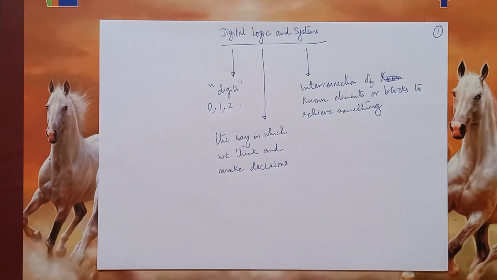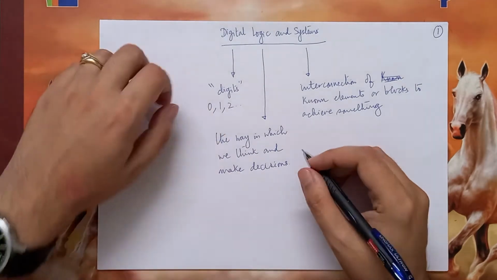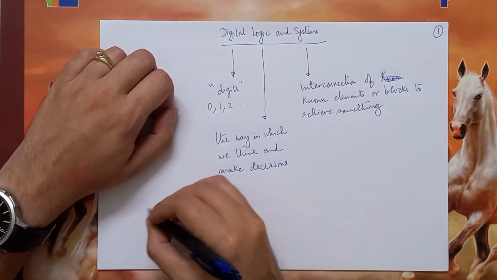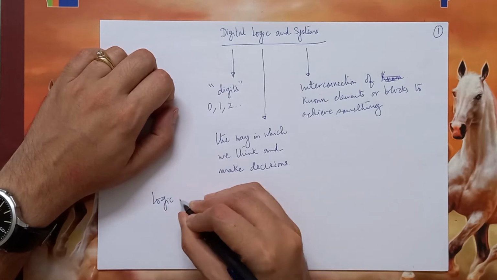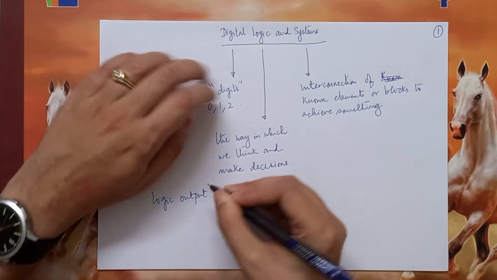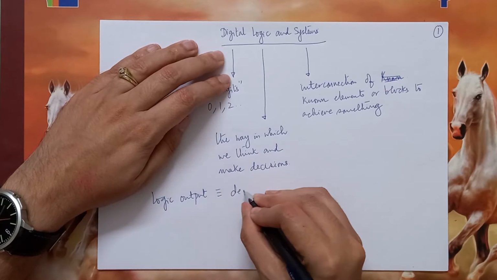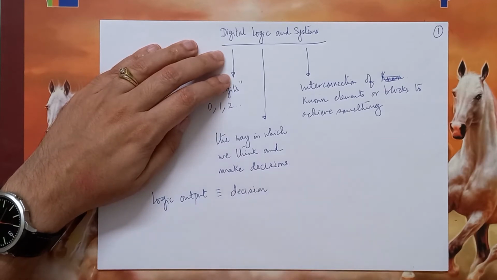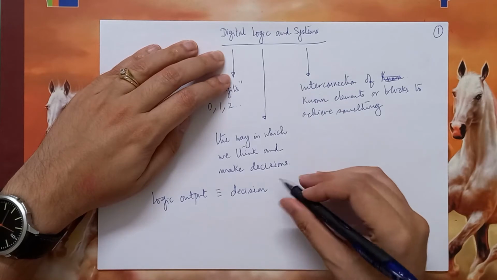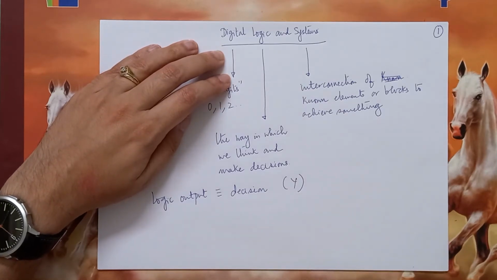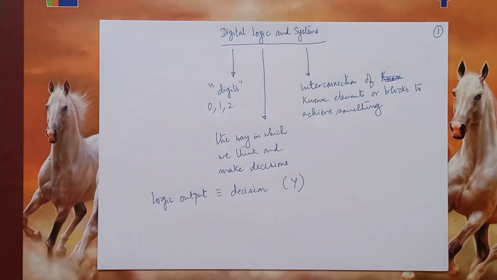So let us say the logic output is essentially a decision. Let's call this decision some variable y. Traditionally, y has been associated as a letter for denoting outputs of any system. Let's suppose we say that y is my logic decision.